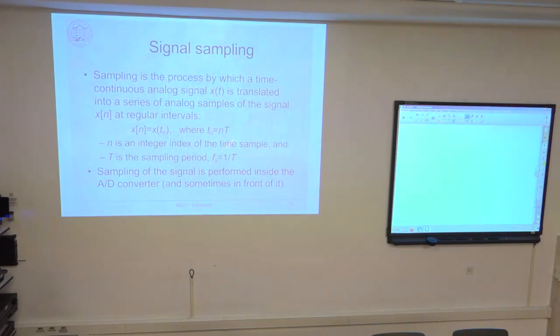And we then have this regular time sampling, and a reciprocal value of this capital T is sampling frequency. So this capital T is sampling period, and 1 over capital T is sampling frequency. Okay, and this time discretization is performed either inside of the AD converter itself, or sometimes in front of it by a dedicated circuit that is called sample and hold device.